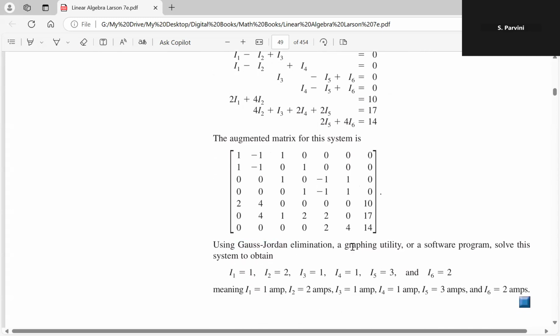And look at what they've done here. Using Gauss-Jordan, a graphing utility or software program. And that's what they're doing. Again, nobody does this by hand. We really don't want to torture ourselves that bad. Not on a Wednesday evening anyway.